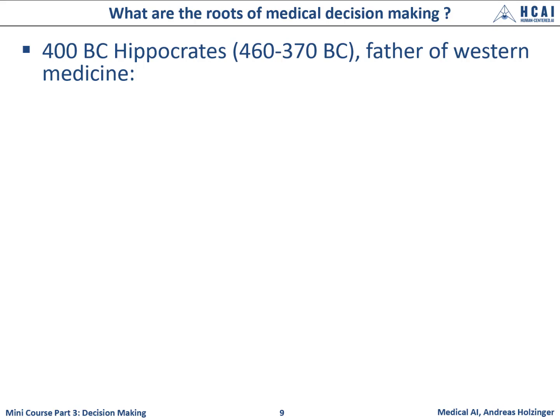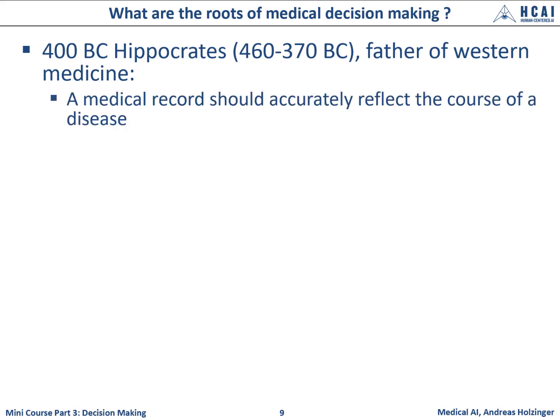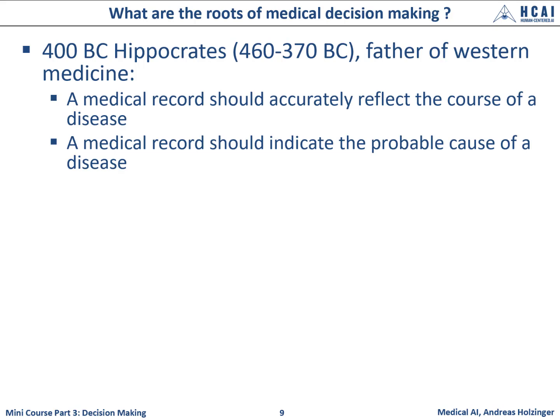More than 2000 years ago, he spoke about the probabilistic nature of medicine. A medical record should accurately reflect the course of a disease, and should indicate the probable cause of a disease. So very interesting: the probabilistic nature of medicine, and cause and effect.